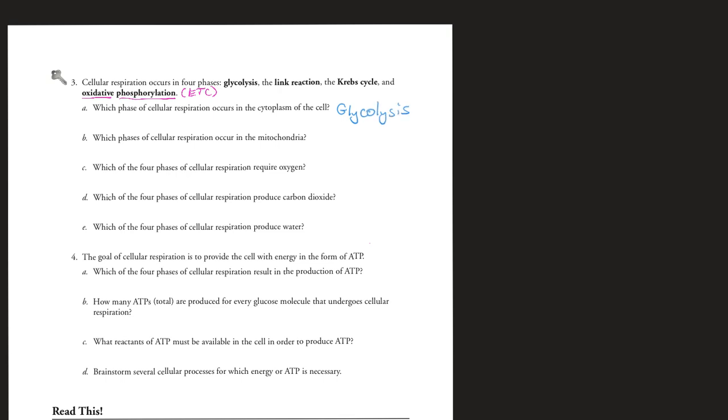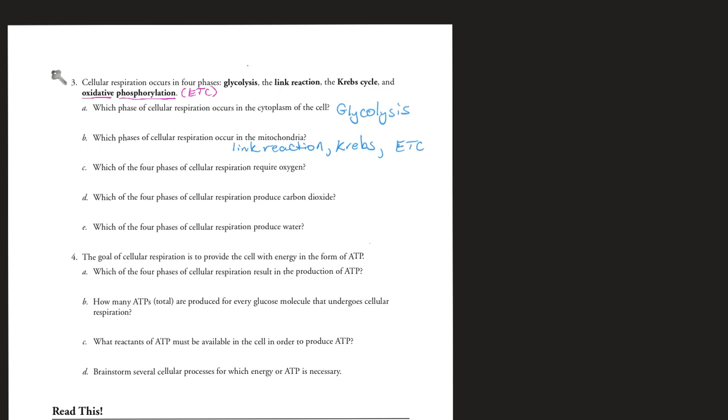Which phases of cellular respiration occur in the mitochondria? Link reaction. Yeah, and yep, that's true. And Krebs. All right. Krebs and the electron transport chain all happen in the mitochondria.